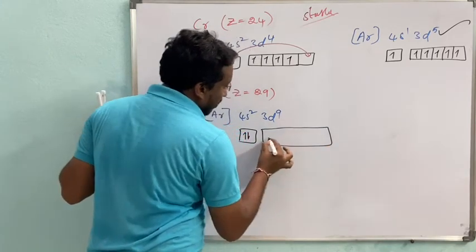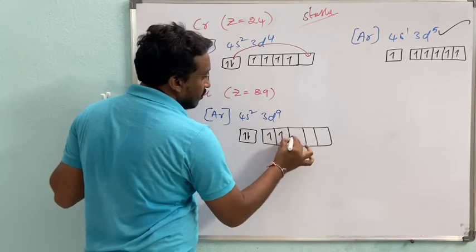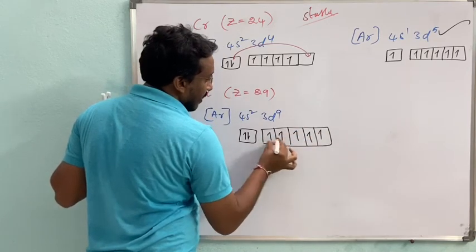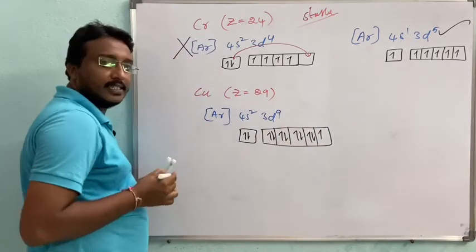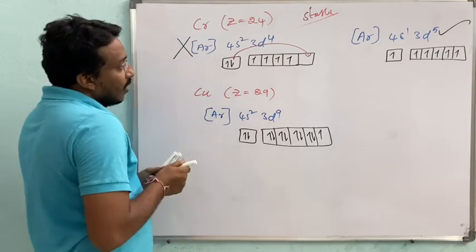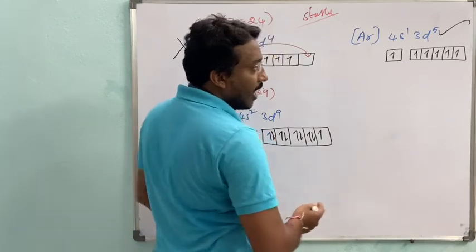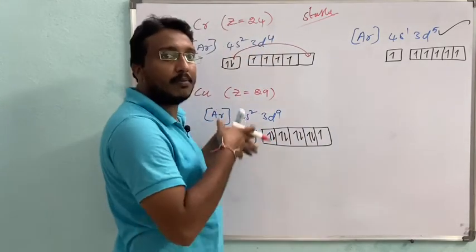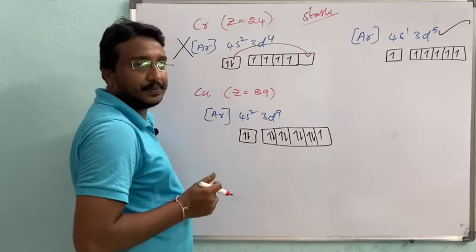Right, 1, 2, 3, 4, 5, 6, 7, 8, 9. This is the way we fill it. And you know what I said, if orbitals are half filled or completely filled, then they get more stability, right?